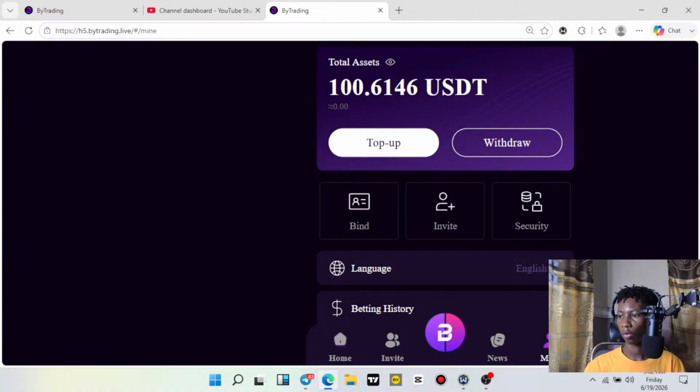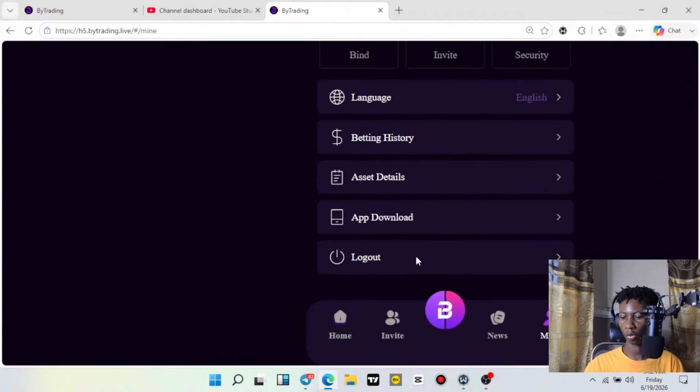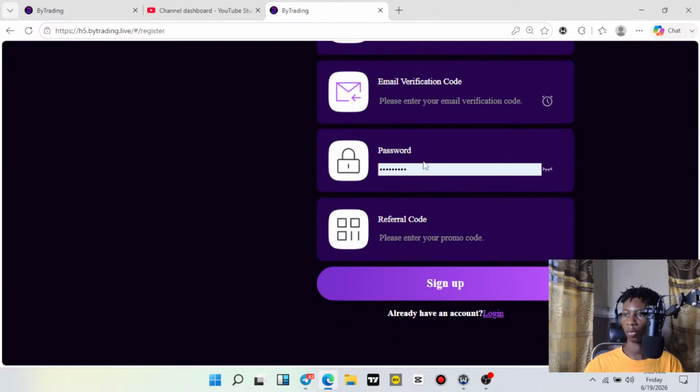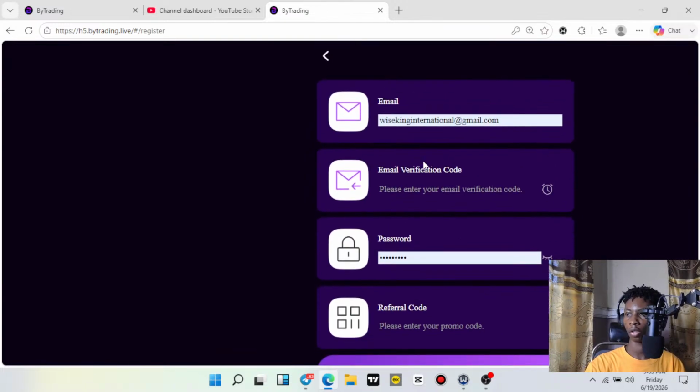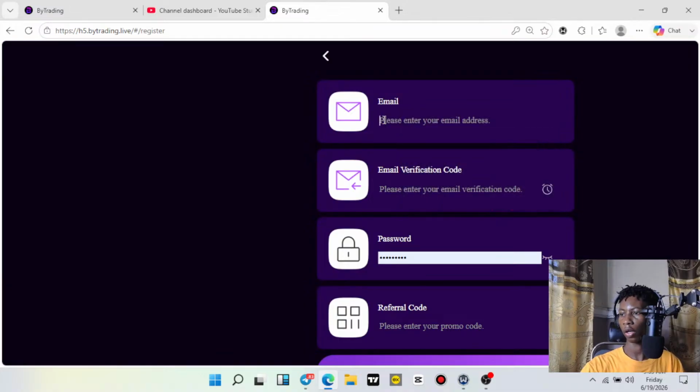So let me first show you guys how to create an account for yourself. If you want to create an account, you can come right here, let me just click on logout and then sign up. This is where you can create an account for yourself.